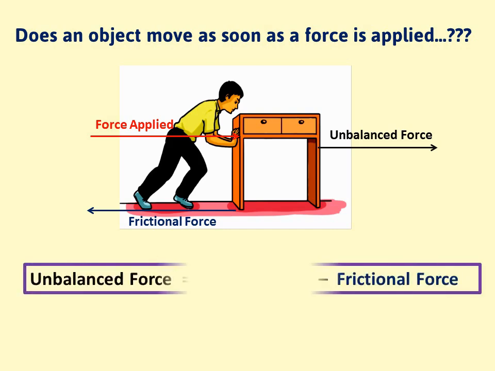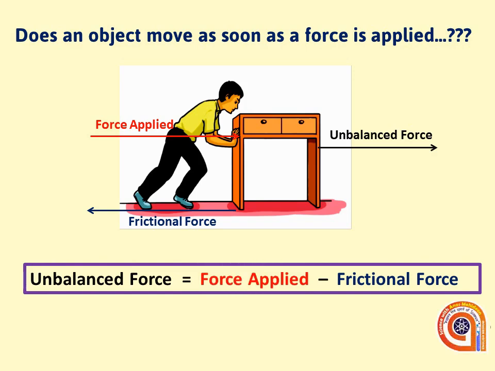What is the relationship? Unbalanced force is equal to force applied minus frictional force. For an example, let me say the force applied is 50 Newton and the maximum frictional force is 45 Newton. 50 Newton minus 45 Newton, it's just 5 Newton that will be the unbalanced force, and that is the force by which the object will be moving.